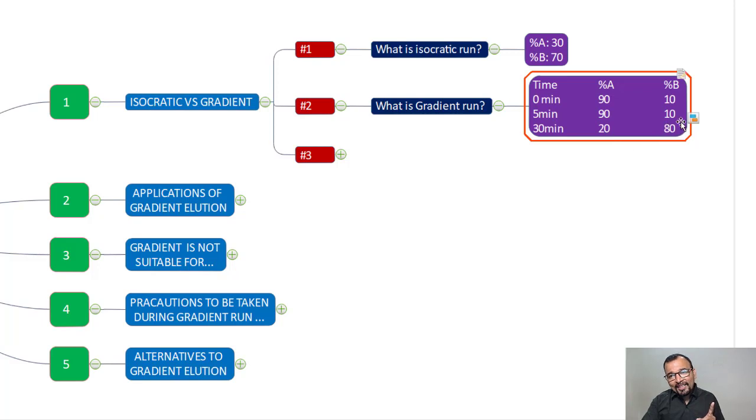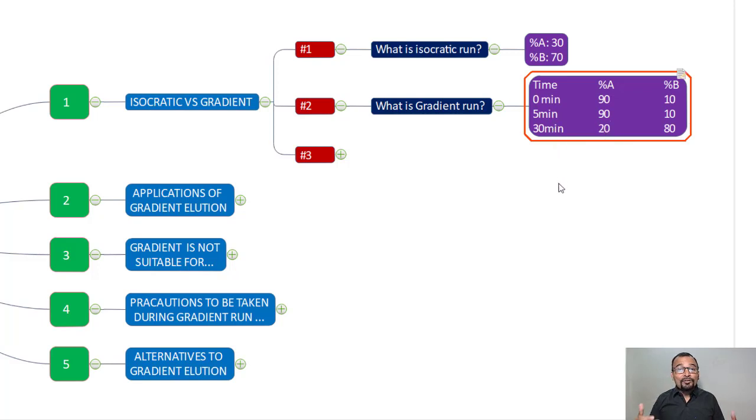And similarly, the content of port B is getting changed from 10% to 80%. So there is a change of almost, in case of port A, around 70% from 5 minutes to 30 minutes.